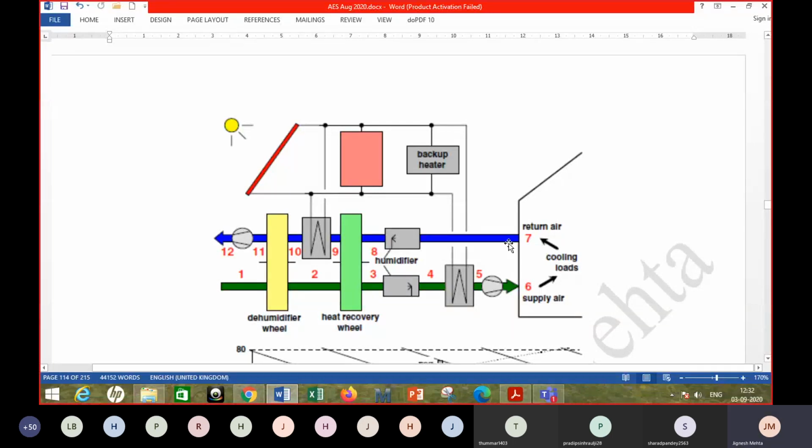So there is this component here called dehumidifier wheel and another component, heat recovery wheel. Now let me go to the process plot.